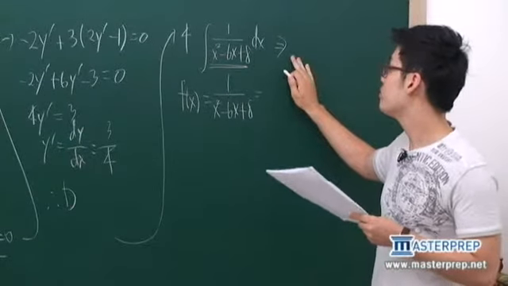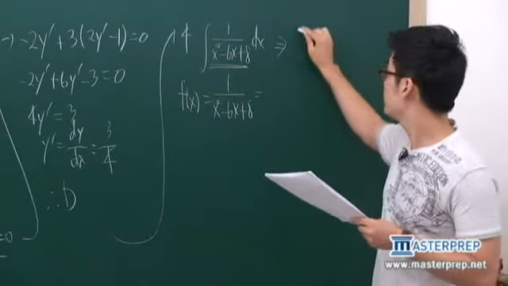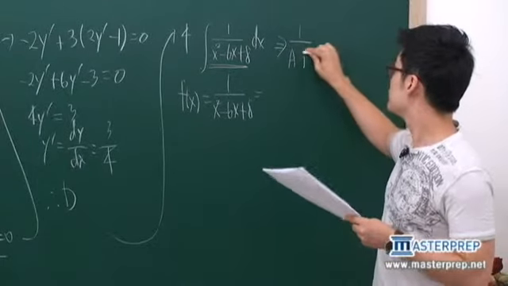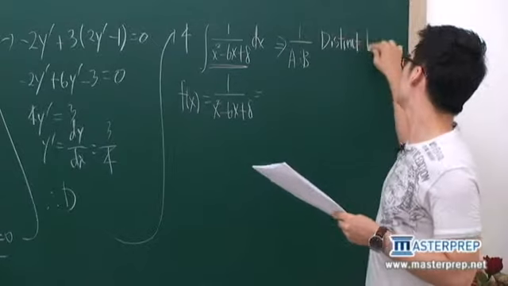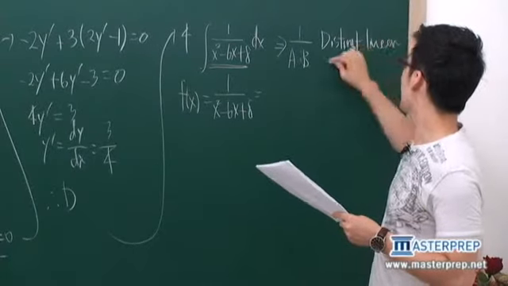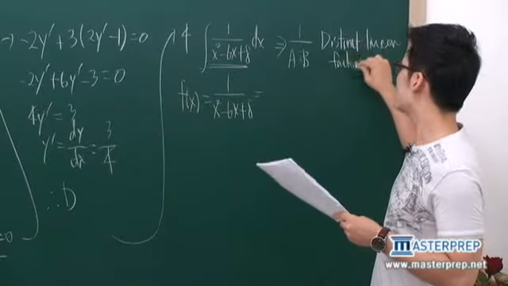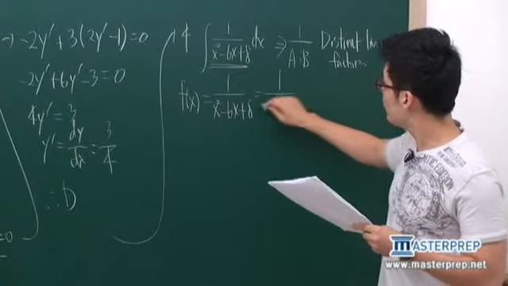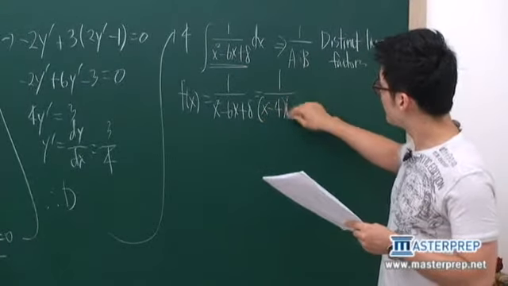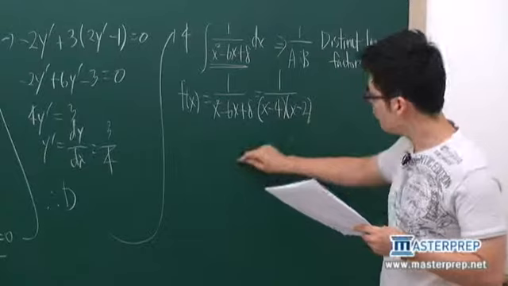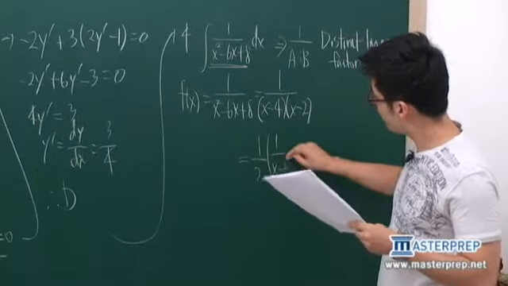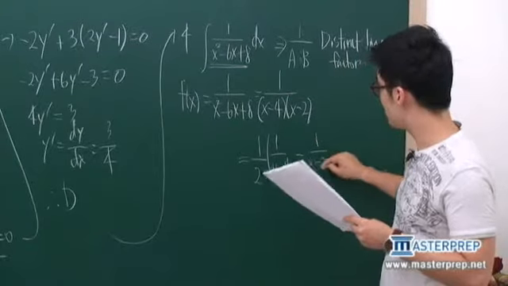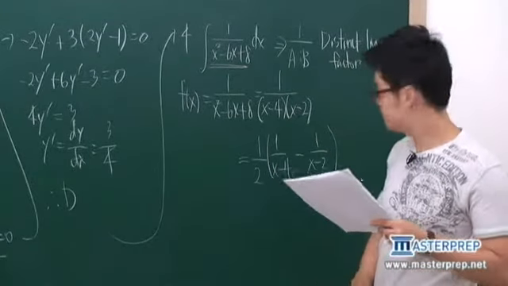Distinct linear factors, which means partial fractions. 1 over (x minus 4)(x minus 2), which could be written as 1 over 2 times (1 over x minus 4 minus 1 over x minus 2), right?